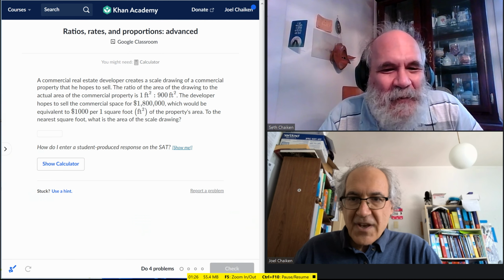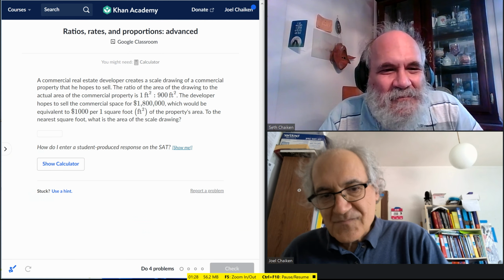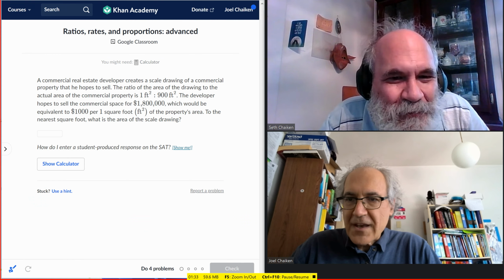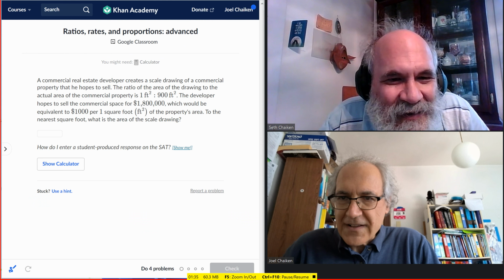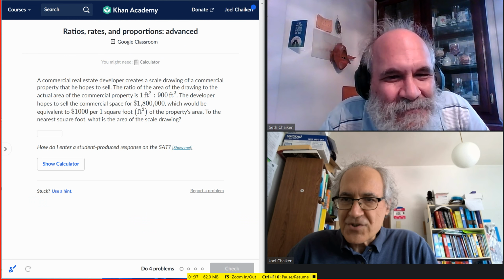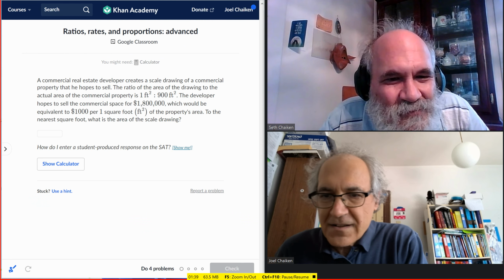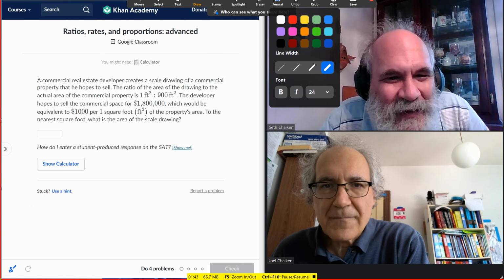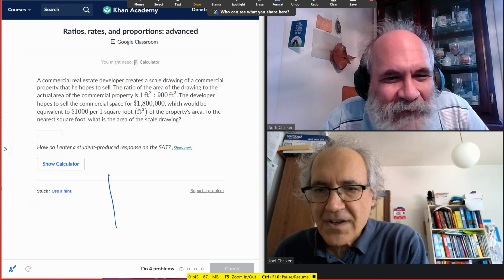Let's go. Okay, please, everyone, read the question, pause it, and come back, and we'll try to do it. Okay. A commercial real estate developer creates a scale drawing of a commercial property that he hopes to sell. I've got to do annotation, right? Annotation. Okay, property.